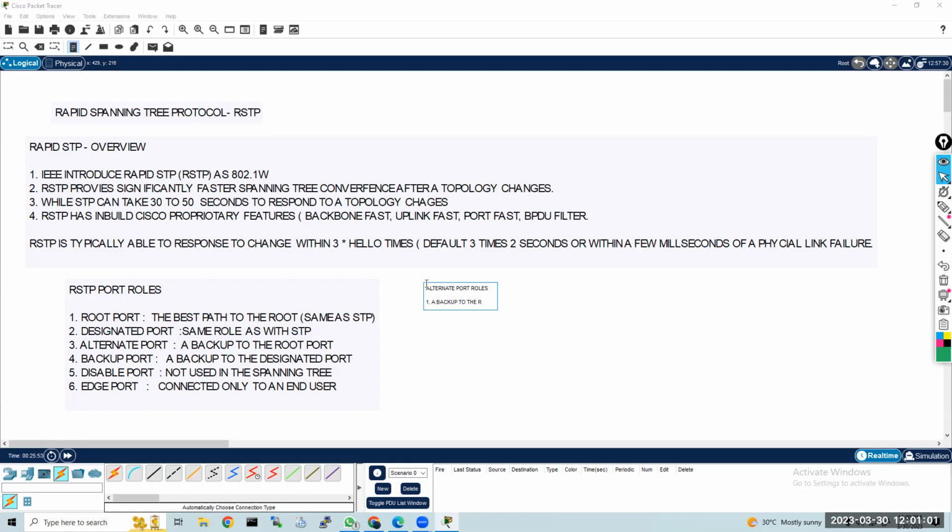Backup to the root port. A less desirable path to the root. The third point is operation in the discarding state. And the last point is same as your UplinkFast, it's your legacy.